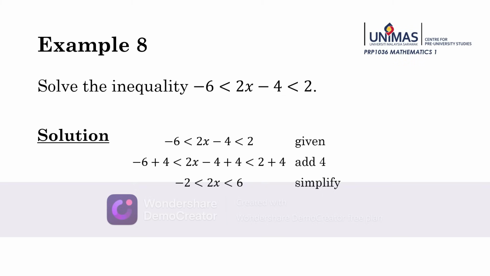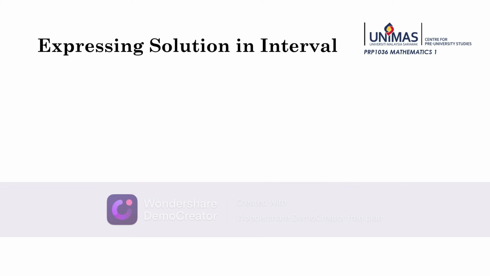After simplifying, we want to simplify the multiply by 2 by dividing every term by 2. This does not change your inequality from greater than to less than, because the value that you divide by is positive. After you simplify, here is your answer.